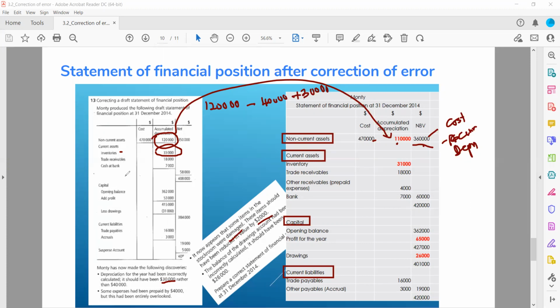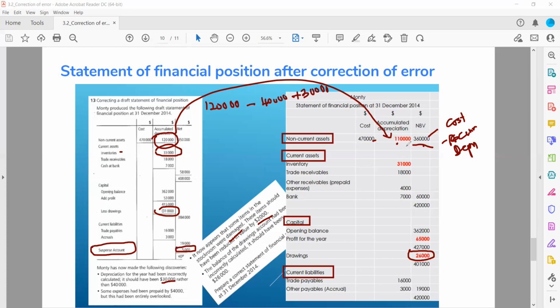Trade receivable no change, so we don't need to do anything. Bank, they also didn't mention anything, so we don't do anything. Now the trial balance drawing account has been incorrectly calculated. It should be 26,000. So this drawing account is not 31,000, it should be 26,000.